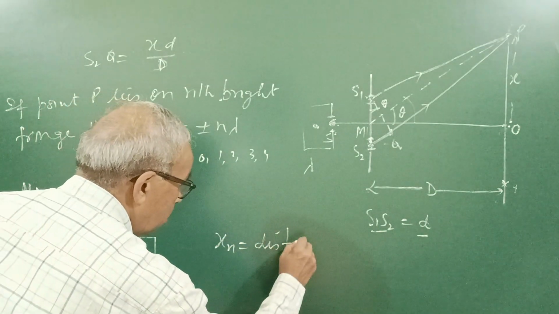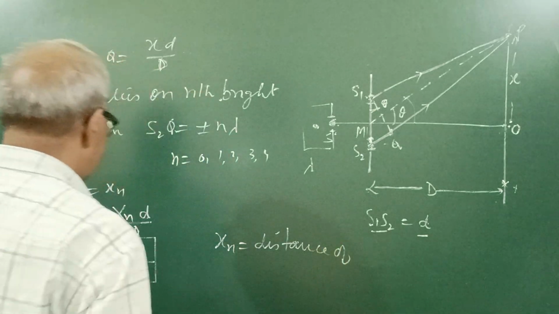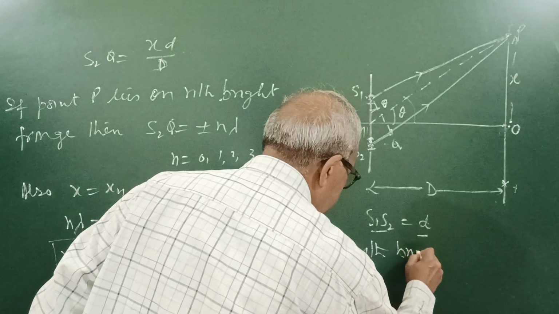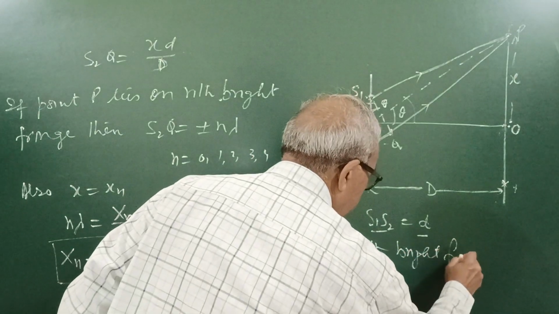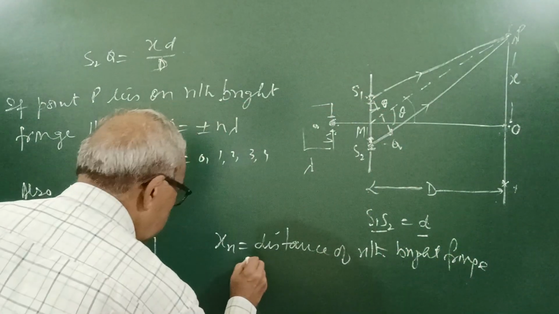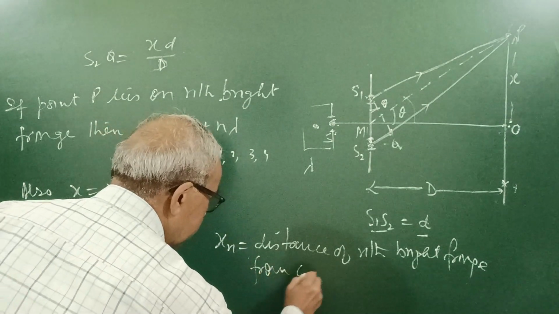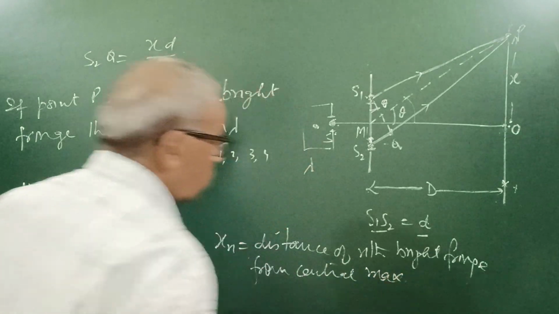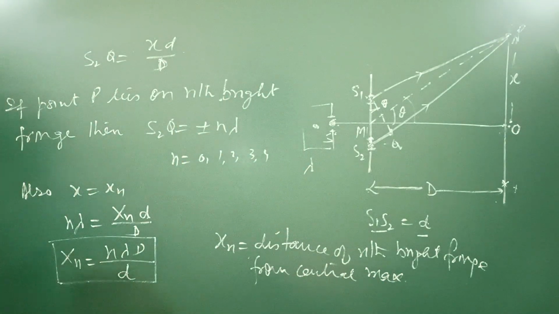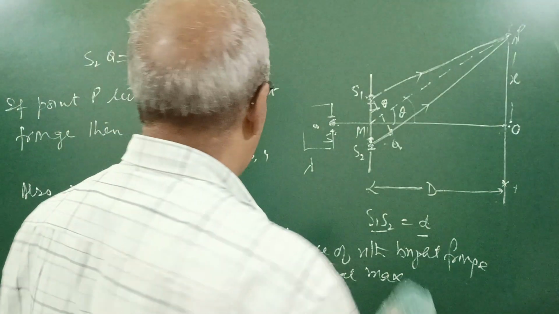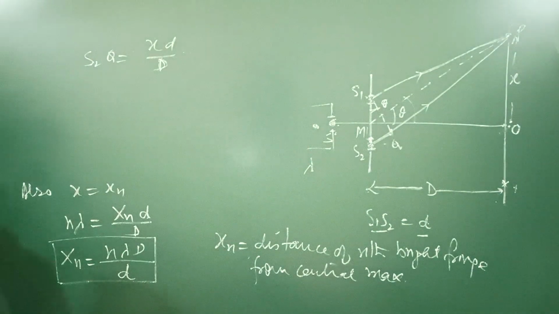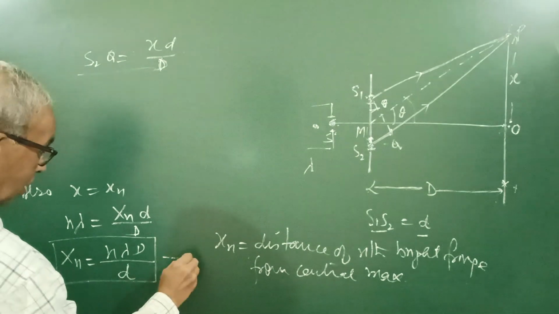Distance of nth bright fringe from central maximum. Now, if point P lies on a dark fringe, I will take it as mth. अब इसको रखें, ये equation 1 लिख लेते हैं.